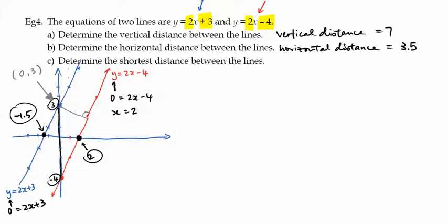But I need the equation for this perpendicular line. This line in gray will give us -1/2 for the slope. The slope on this line is 2, so the gray line, the silver line, will have slope -1/2.